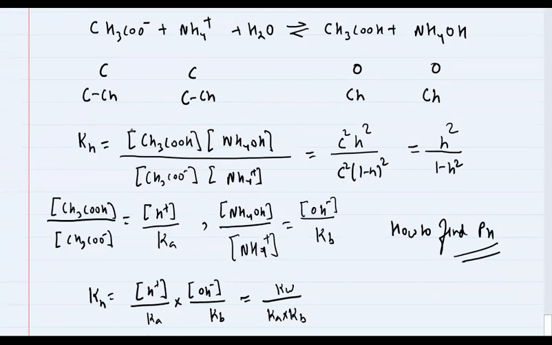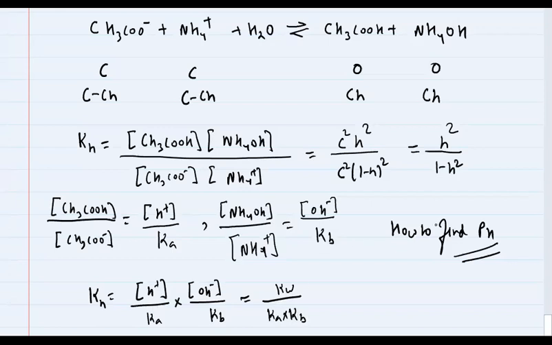Now I can say that the concentration CH3COOH by CH3COO- can be written as concentration of H+ by Ka, as we have seen in weak acid. In the same way, concentration of NH4OH by concentration of NH4+ can be written as concentration of OH- by Kb, as we have seen in weak base. Using these two, I can say Kh is equal to concentration of H+ by Ka into concentration of OH- by Kb, which is Kw by Ka into Kb.